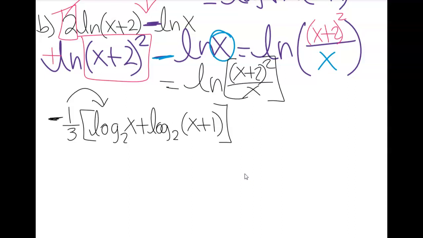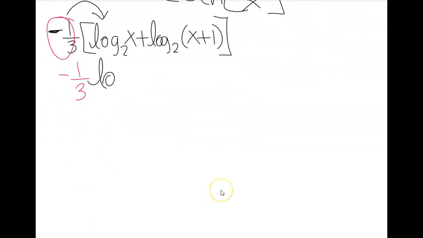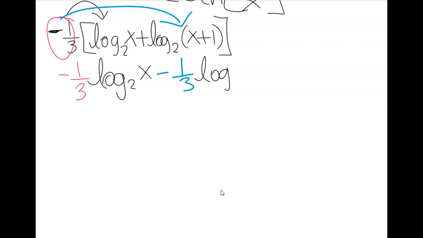Okay, so if we distribute that negative 1/3 to both expressions, we'll have negative 1/3 log base 2 of x. And then we distribute it to the other log, and we will have minus 1/3 of log base 2 of x plus 1.